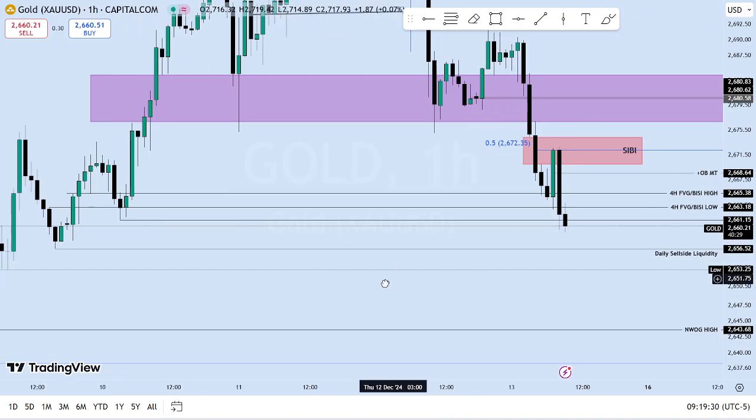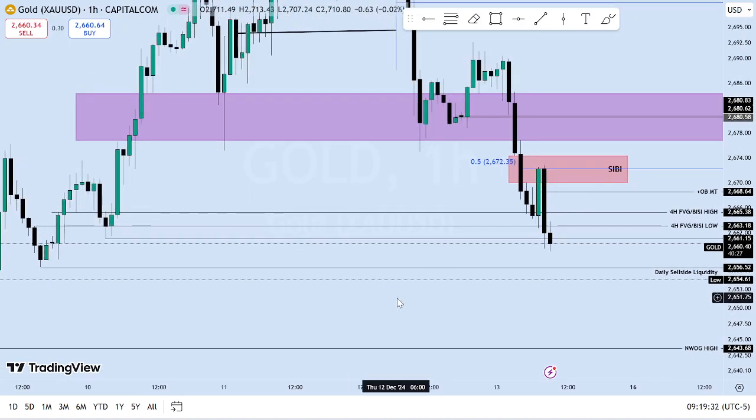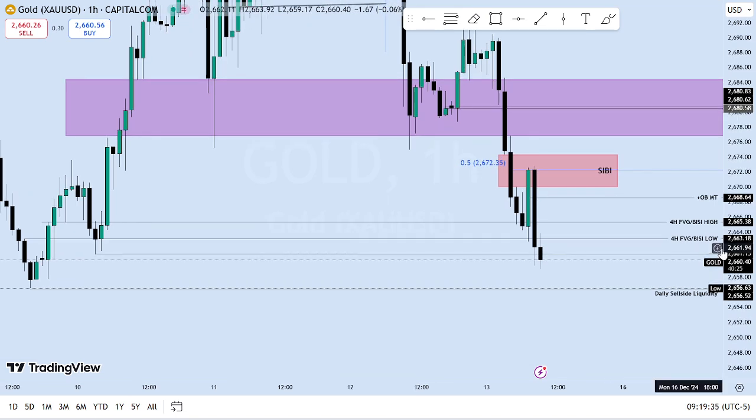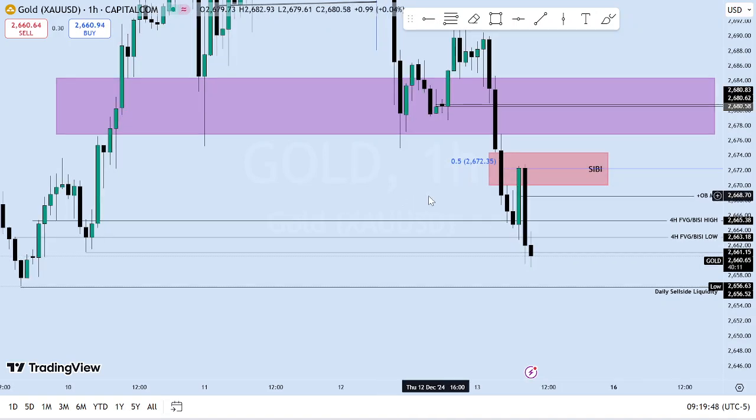That's a price movement at a specific time, where price moves to a liquidity, to an inefficiency. So within that time, you can anticipate the price movement between 10 to 11, the silver bullet. You can anticipate and make money.